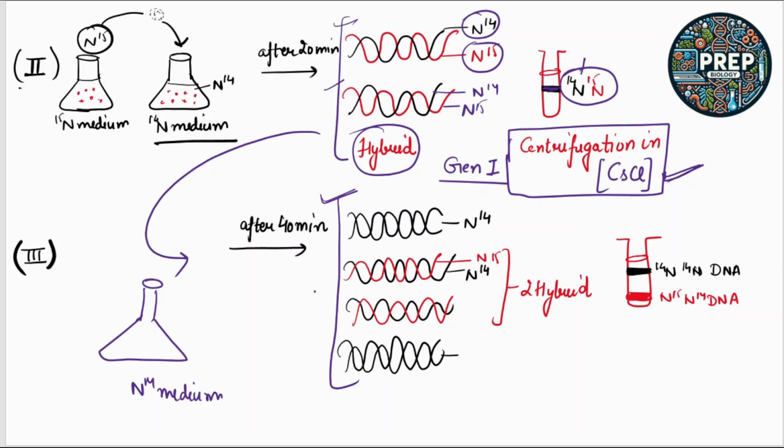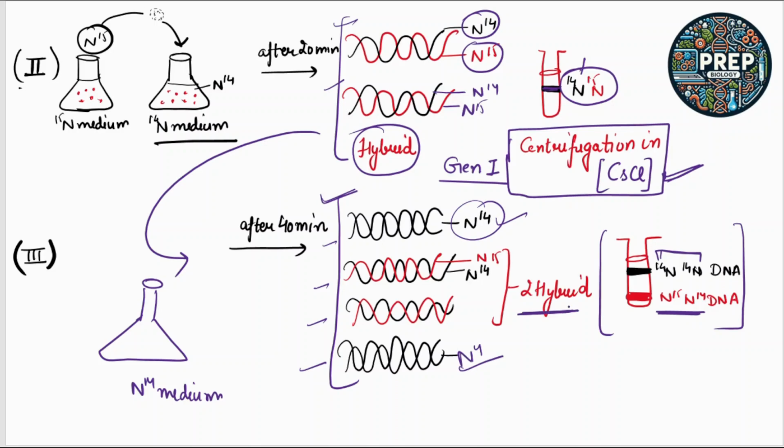The two strands are converted into four strands of DNA, and in the centrifuge tube two types of DNA are formed. One is the hybrid of N15 and N14, and the other has both strands of N14 only. So 2 DNA molecules are of N14 type and 2 are of hybrid type.